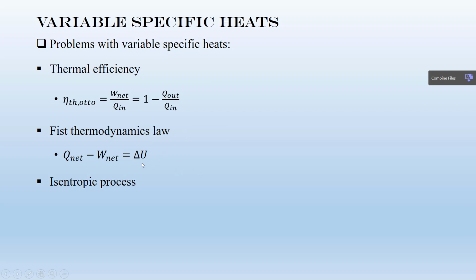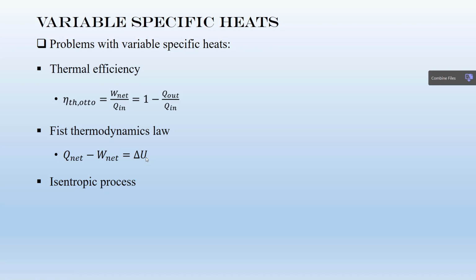You should write Q net minus W net equals delta U, or this equals M times CV average times delta T, correct? So you have two options: you can find the internal energies, or you can use the average specific heats, for the right side of this equation.